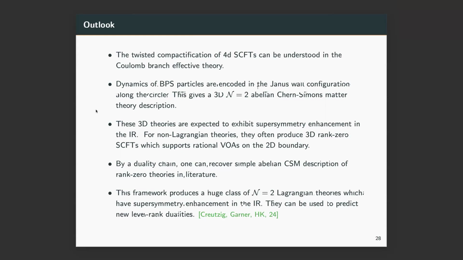I was curious about whether you have any control over the superpotentials in doing this twisted compactification. You said that there were some hard non-perturbative effects that you have to take into account. Do you have any hope of recovering what the thing should be in 3D? Yeah, it would be great if we could in fact recover all the information about the superpotential deformations, but I don't know a systematic procedure for that.